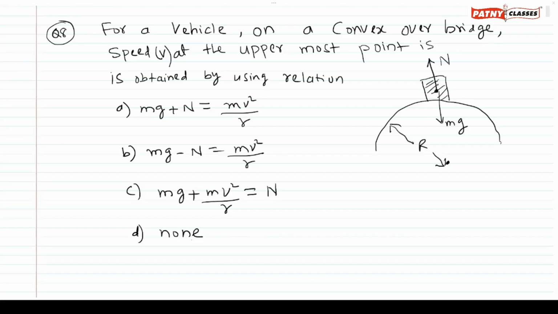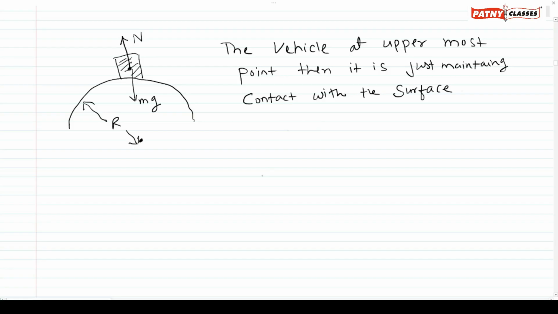Question number 8. For a vehicle on a convex overbridge, the speed at the uppermost point is obtained by using which relation? Four relations are given. We have to obtain the correct relation, so that by using it we can obtain the speed at the uppermost point. Let us discuss the solution. When a vehicle is moving on the convex bridge at the uppermost position, the normal reaction is in the upward direction and the weight of the body is in the downward direction.